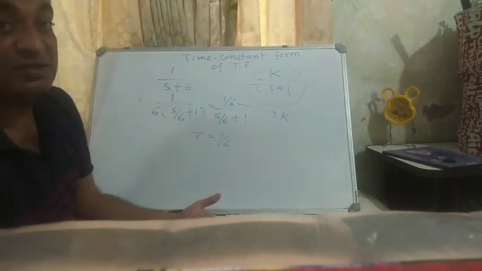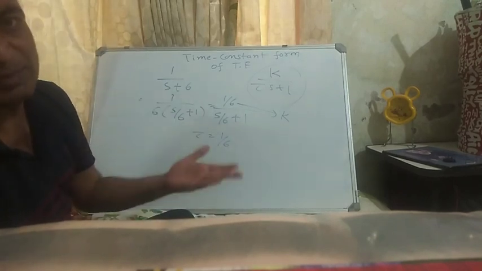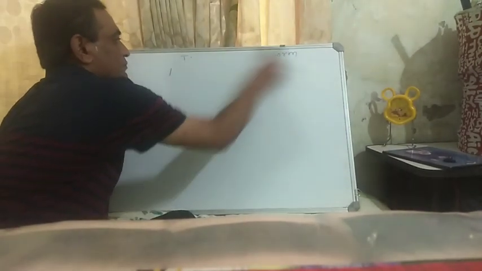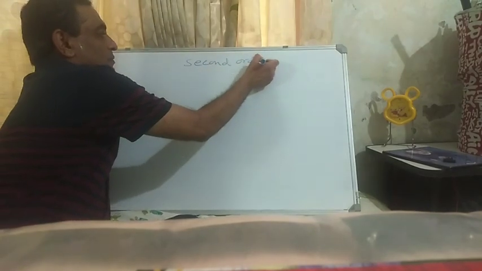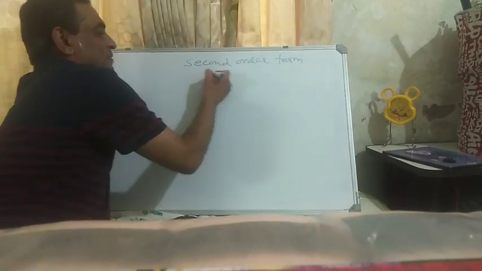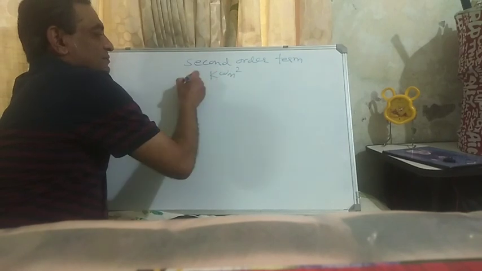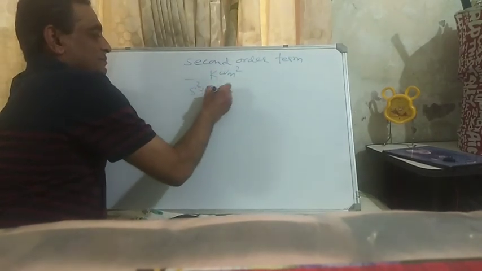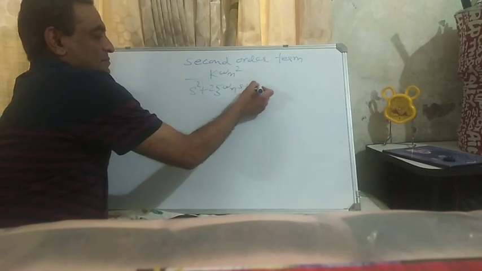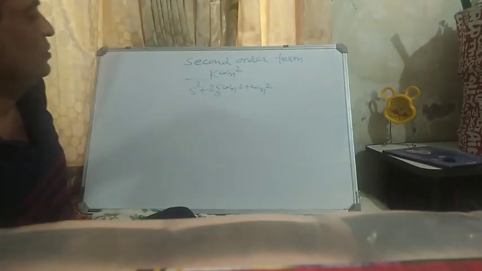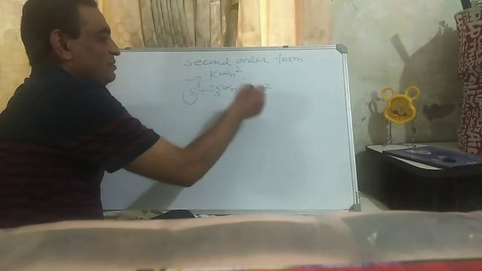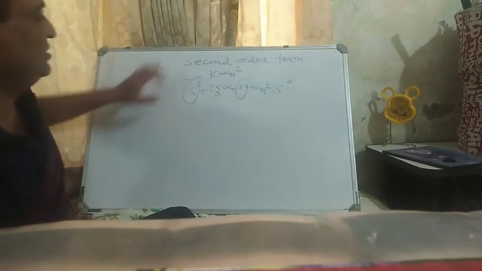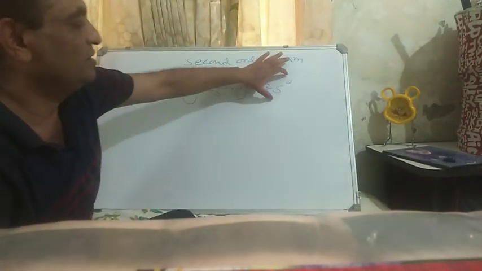Now let us convert a second order term into its time constant form. You might be aware that the second order term is represented like this: s squared plus 2 xi omega n s plus omega n squared. This is s raised to 2, this is s raised to 1, this is s raised to 0.